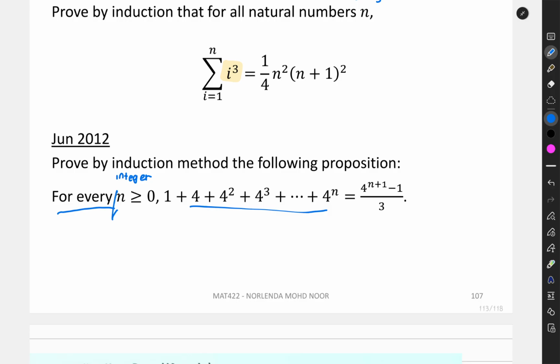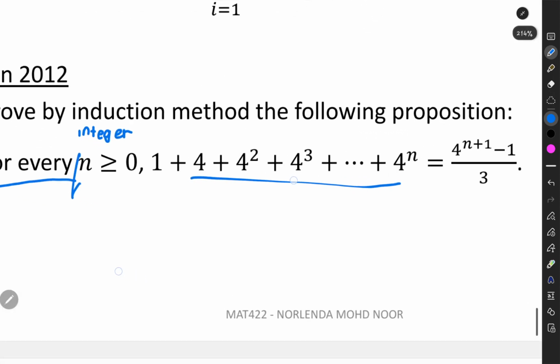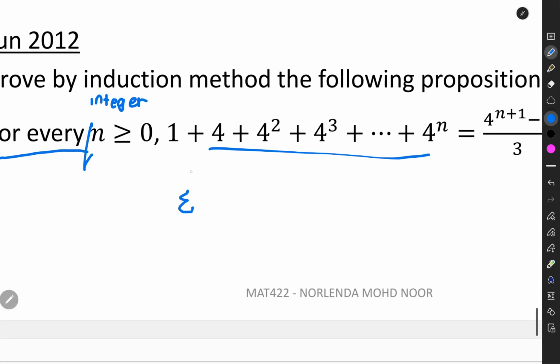Okay, so now therefore the summation of the left hand side of this statement can be written as the summations of your 4 sub I from 0, because dia punya starting n is 0 kan, I equal to 0 to n is equal to 4 to the n plus 1 minus 1 over 3.